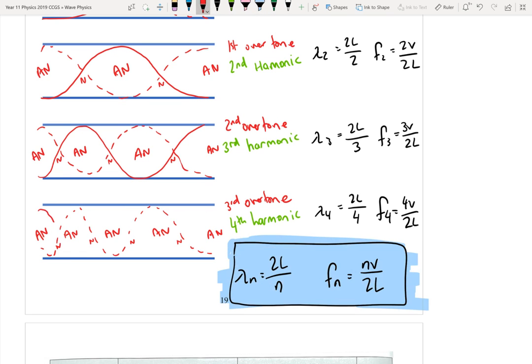Okay. One last useful bit of information that I want to tell you. I'm just redrawing that because I changed its colour. Is that if I went from one antinode to another antinode, this is called the internodal distance.